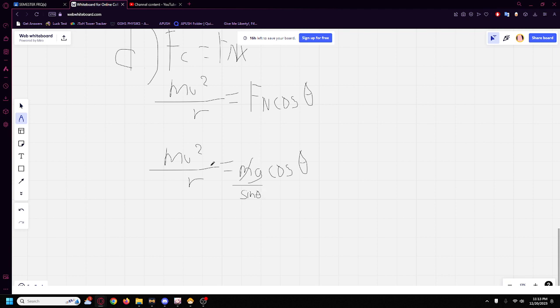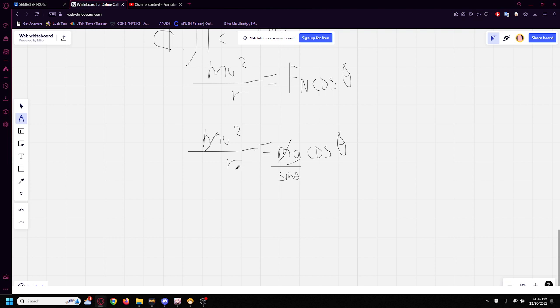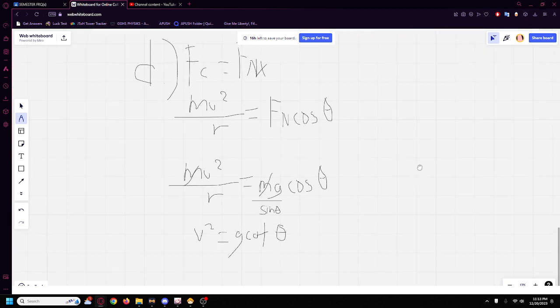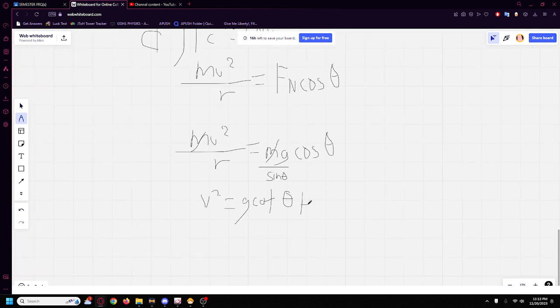The m's cancel out, and you multiply the r over. Also the cosine and sine make a cotangent, so mg cotan theta. The r is multiplied over and substituted out for h tan theta.